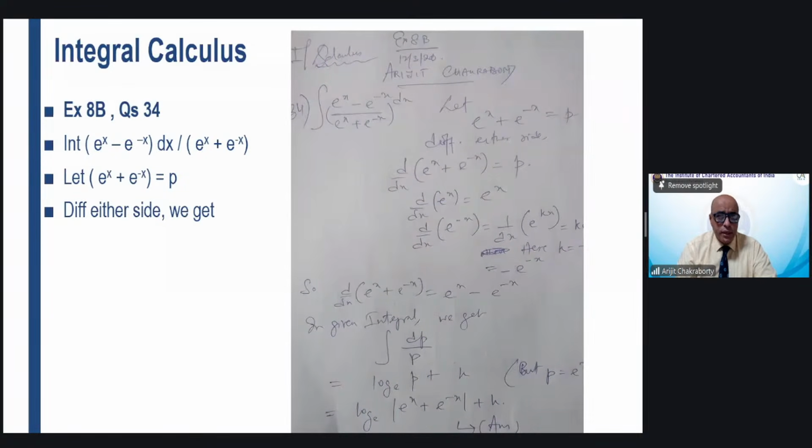You know that d/dx of e to the power kx is k into e to the power kx. अगर k minus 1 है तब क्या होगा, k into e to the power kx क्या होगा, it will become minus 1 into e to the power minus x. So अगर आप गौर करके देखेंगे this particular step, d/dx of e to the power x plus e to the power minus x ultimately simplifies into e to the power x minus e to the power minus x.